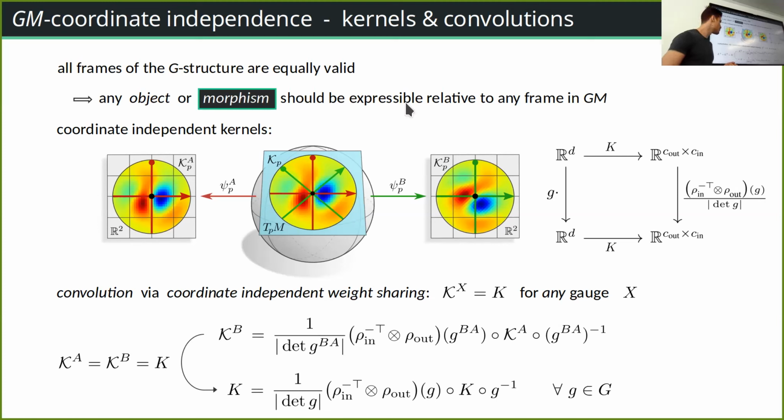So whatever gauge x you choose, Kx should be equal to this shared kernel K, since otherwise you make an arbitrary choice. And if you do that, in particular, we have that KA and KB are equal to K, which you can plug into this coordinate independence constraint, and then we get a gauge equivariance or G-steerability constraint out. So it's again the same thing we saw before, but now from a very different viewpoint.